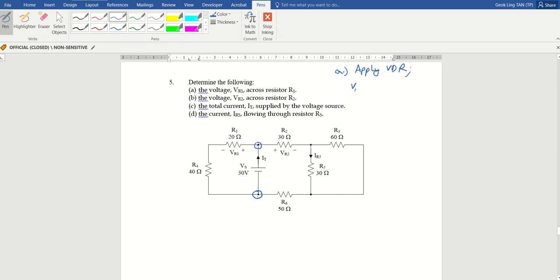Okay, so VR1 equals R1 divided by R1 plus R4 times Vs. Okay, so from here substitute the values. 20 ohm divided by 20 plus 40 times 30 volt. That gives you 10 volt. Okay, so that's part A.